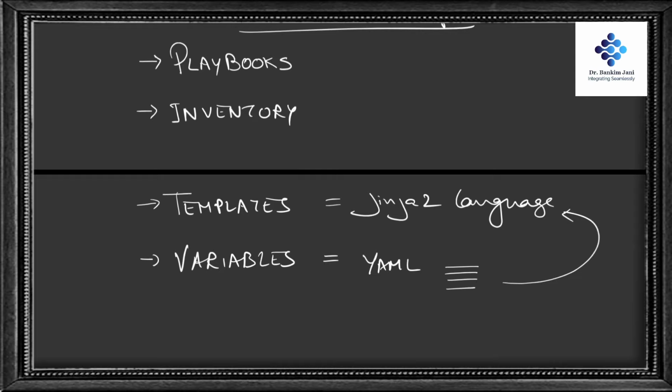In inventory, we can keep device host names. This is our inventory, so we know how many devices we have and what their roles are. This makes it easy to make a specific group, so that a particular configuration should go onto that group only. So this is the purpose of inventory.